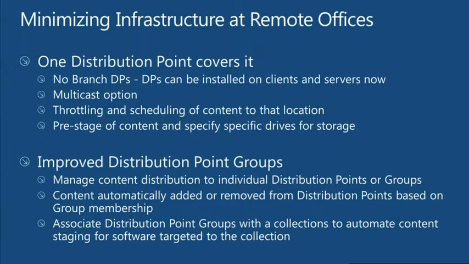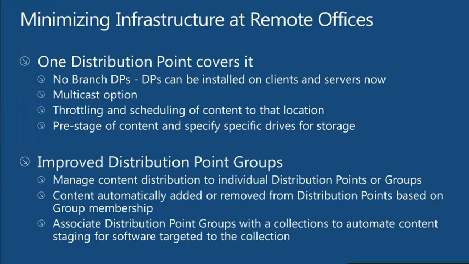So you're used to looking at this matrix we had in Configuration Manager 2007 of a branch DP, a server share DP, a secondary site with a DP on it, just a regular DP, which one do I use? We actually took all those and collapsed them into one consolidated role that allows us to simplify and make it easier for you to administer.